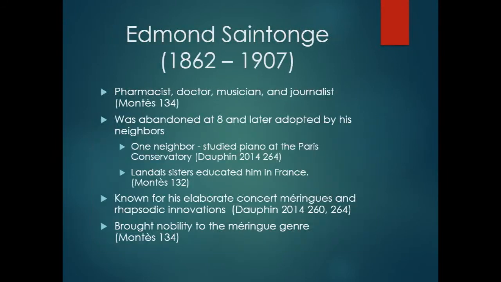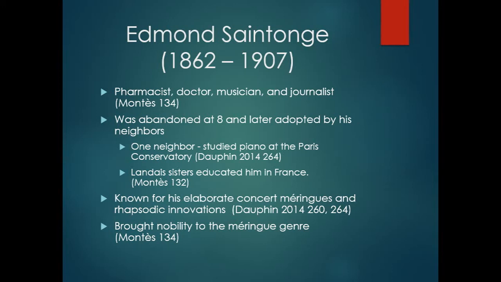So just some background information about Edmond Saintonge. He was actually a pharmacist, a doctor, a musician, and a journalist. He was abandoned by his parents at the age of 8, and his neighbors, 2 sisters, adopted him and moved him to France to educate him. And when he was 17, he moved back to Haiti to enroll in the pharmacy school.